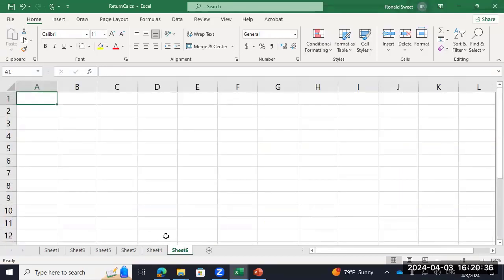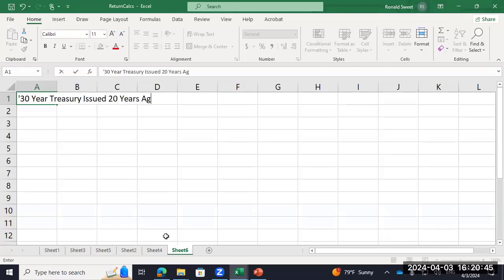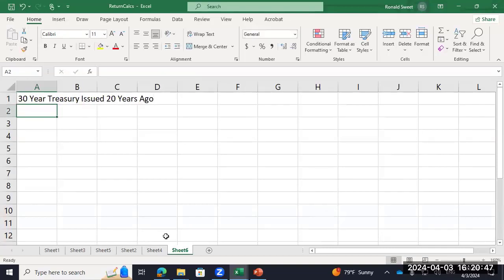So let's do a 30-year treasury issued 20 years ago. All right. So what kind of bond is this? It's a 10-year bond. Coupon.